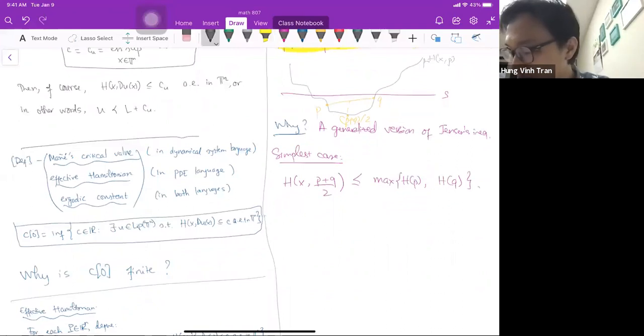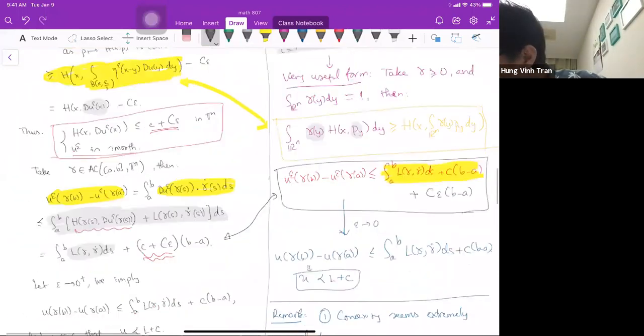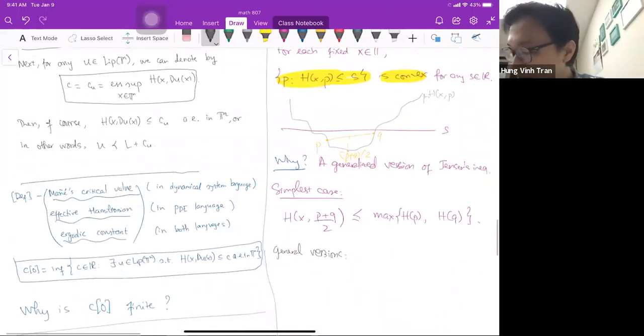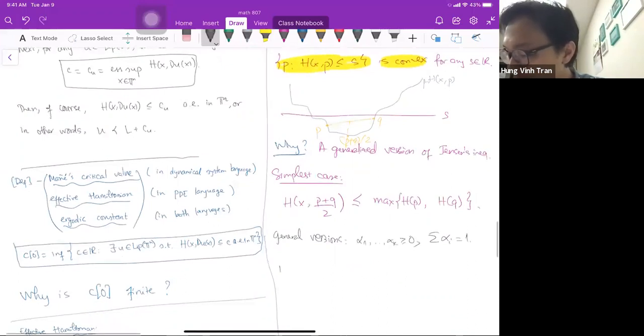So then some more general versions of this inequality: if you take, same as before, alpha 1 through alpha k greater than or equal to 0, with the summation of alpha i equal to 1, then you would have that h of the summation over i from 1 to k of alpha i p i is less than or equal to the max of h of p i for 1 less than or equal to i less than or equal to k.